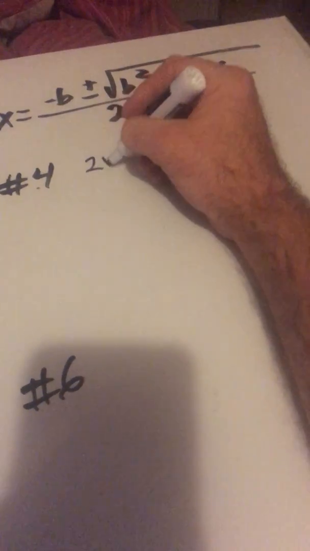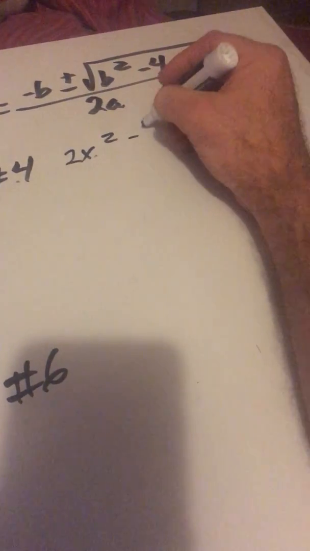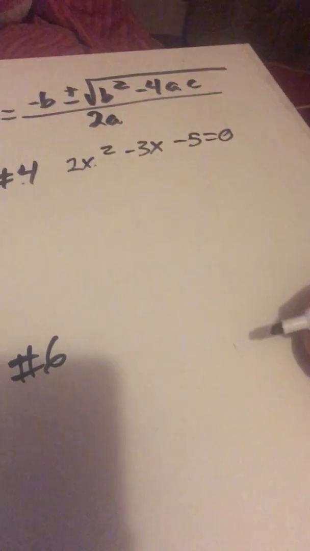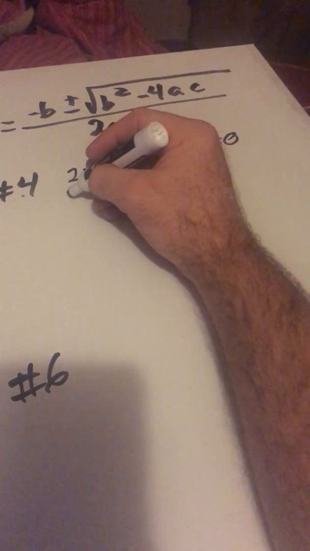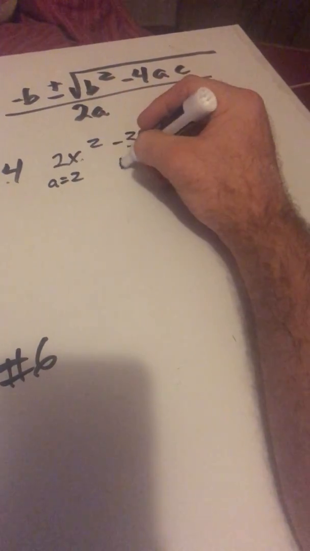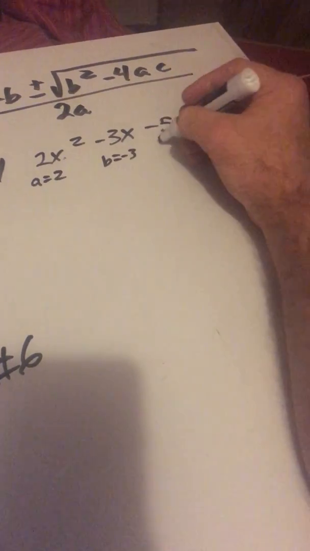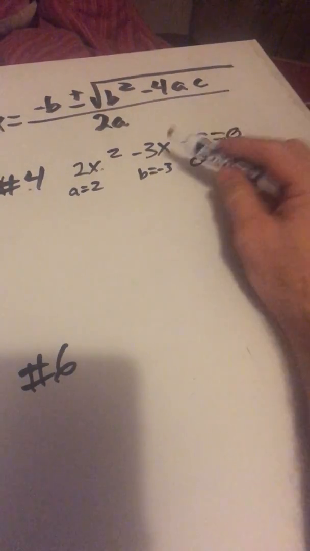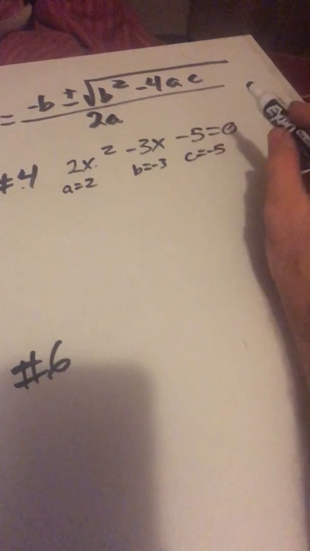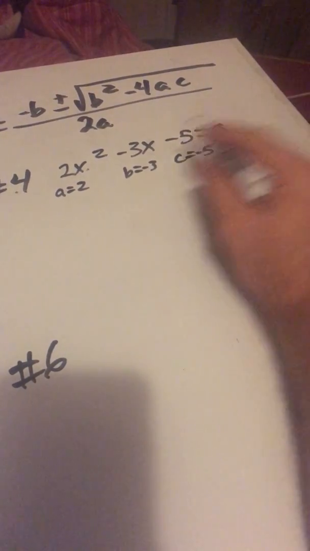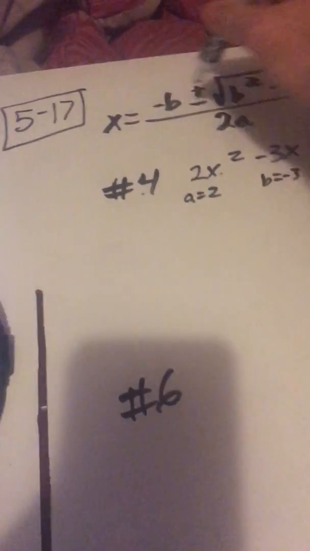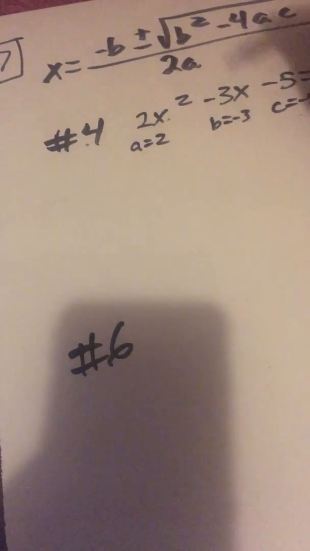So, I have 2x squared from number 4 minus 3x minus 5 equals 0. Now I have a is 2, b is negative 3, c is negative 5. Now, what do we also call c? The y-intercept, where it crosses the y-axis. Since I know a, b, and c, all I have to do is plug it in up here.